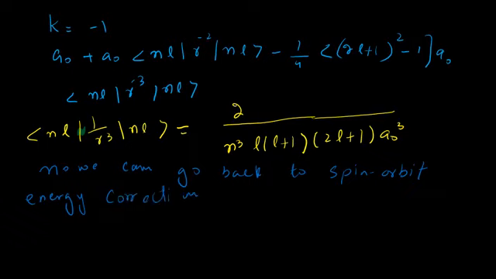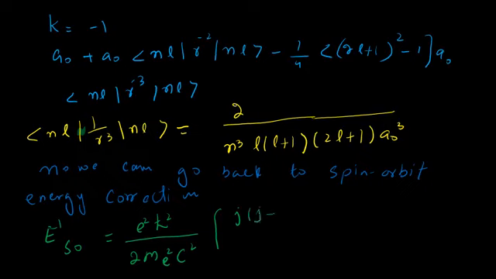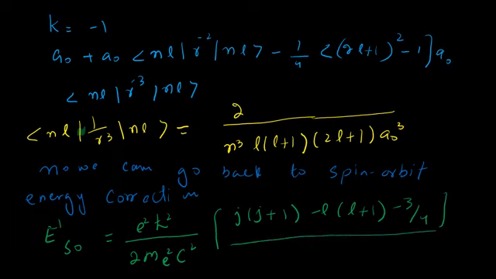Going back to the spin orbit energy correction, we can write E₁ spin orbit = (e²ħ²/2m²c²)[j(j+1) − l(l+1) − 3/4] divided by n³ l(l+1)(2l+1) a₀³.